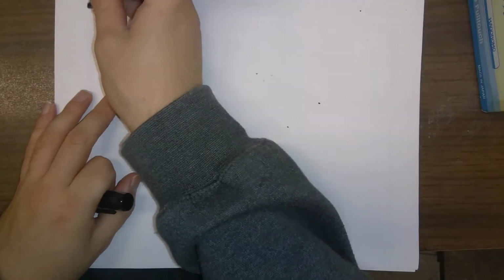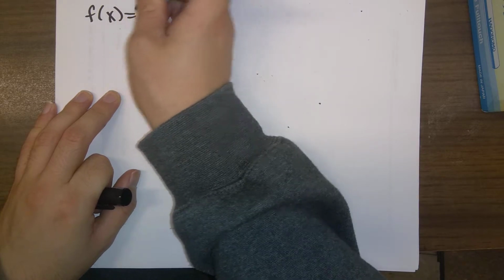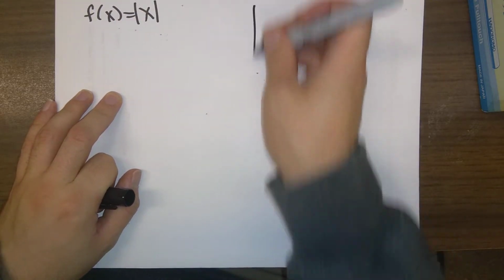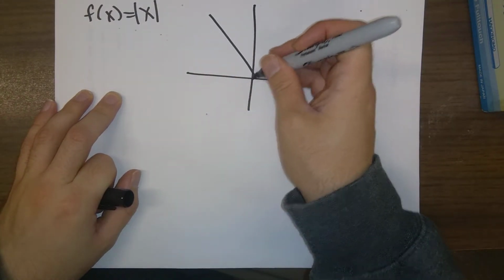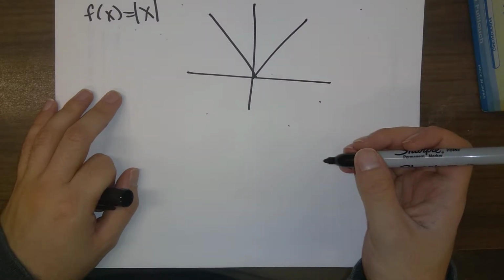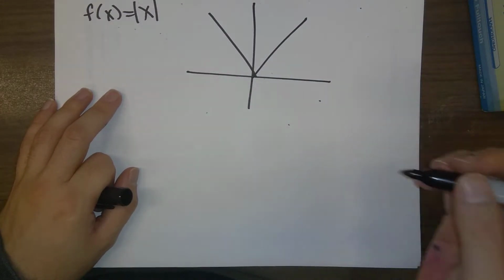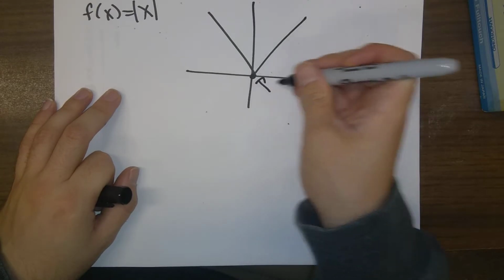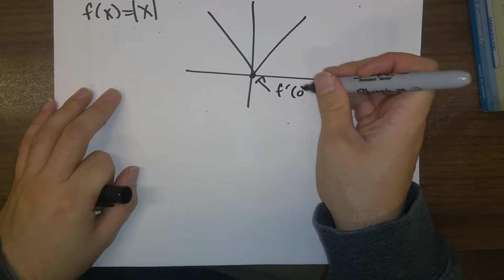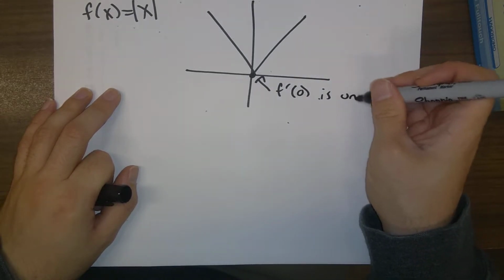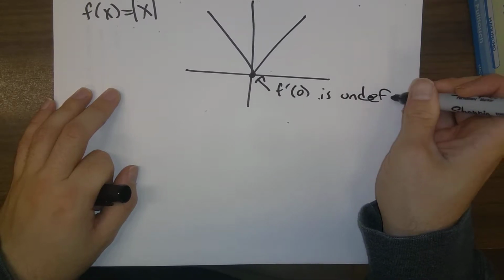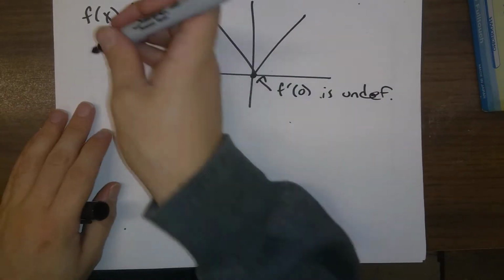So if we took f of x equal to the absolute value of x, our function looks like this here. And the point here is that f prime of 0 is undefined. The derivative does not exist at 0.